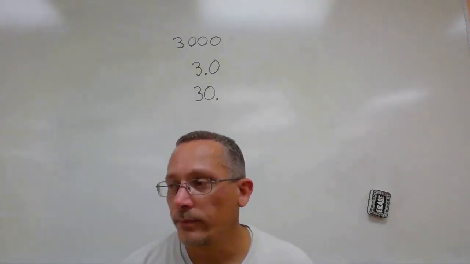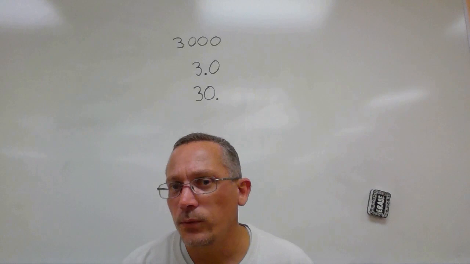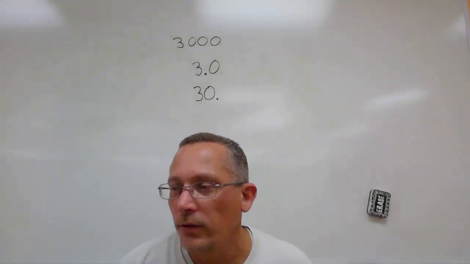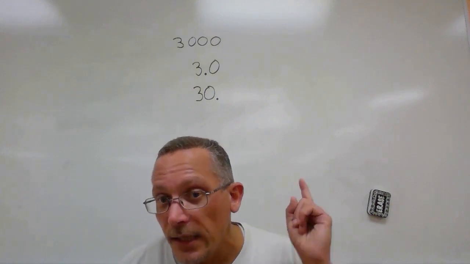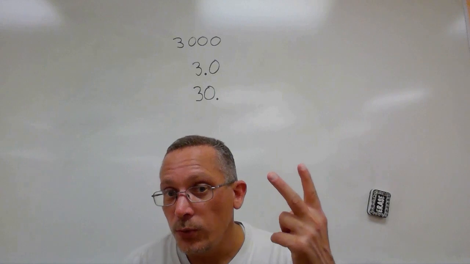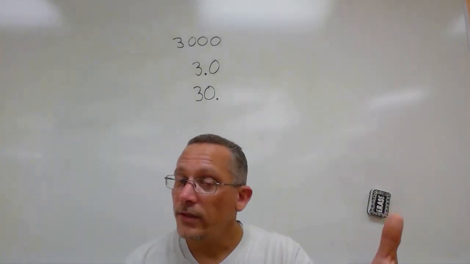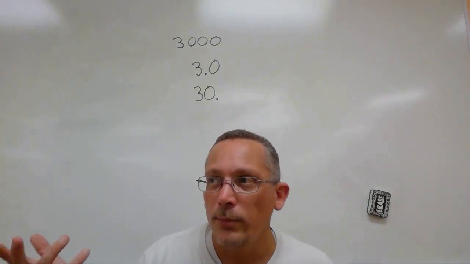It's just the 3. Okay, but what about the next number, 3.0? Is that 0 significant or not? Well, I can see a decimal point written in that number. So that 0 is significant. So that number right there would be 2 significant digits. And that's a big difference between writing just 3 and writing 3.0.